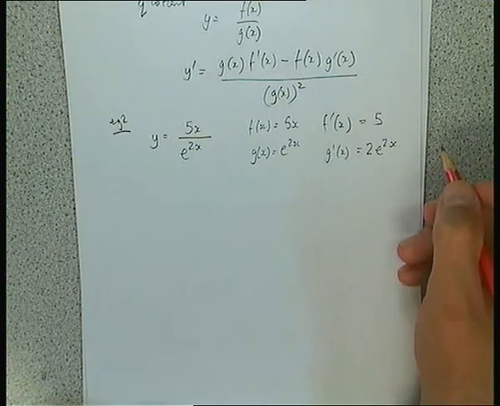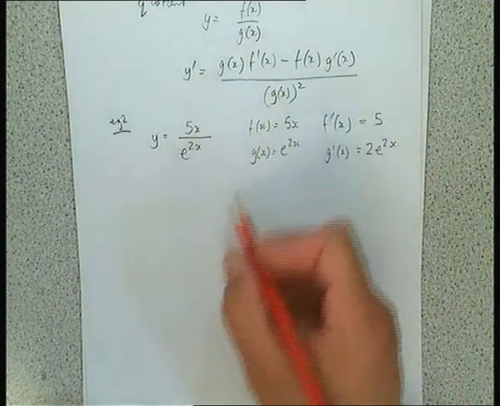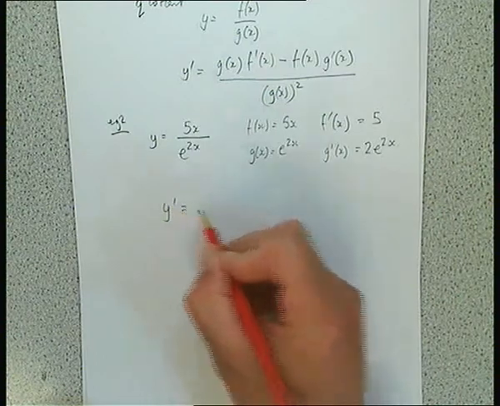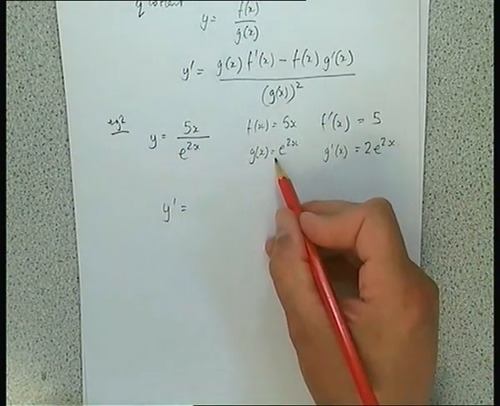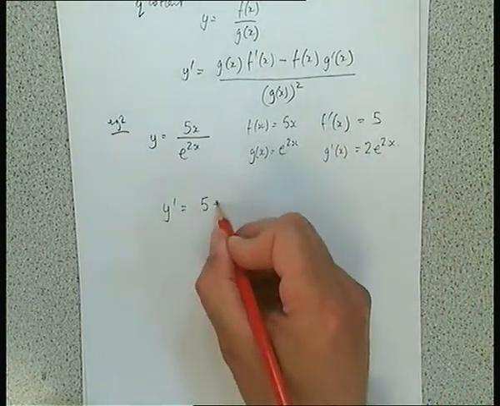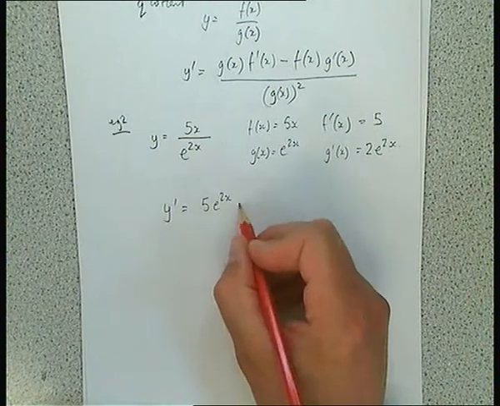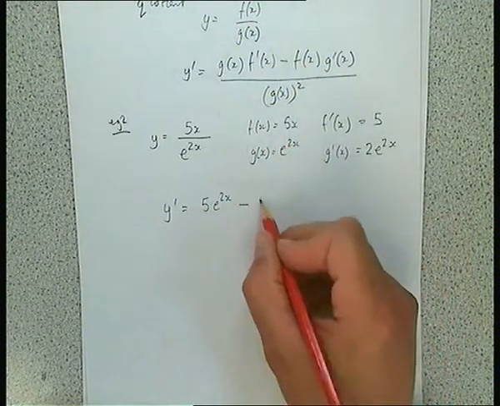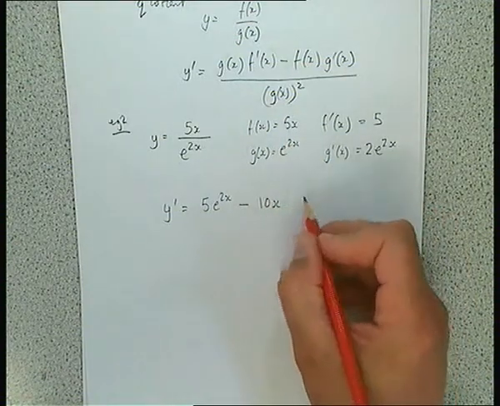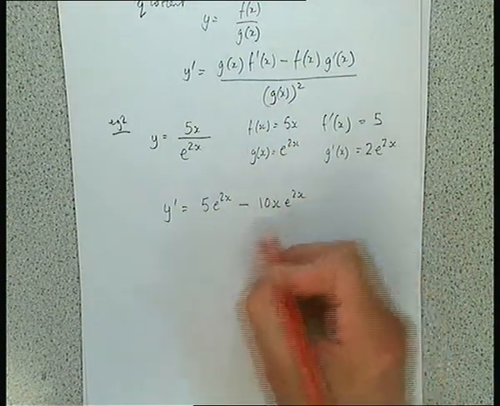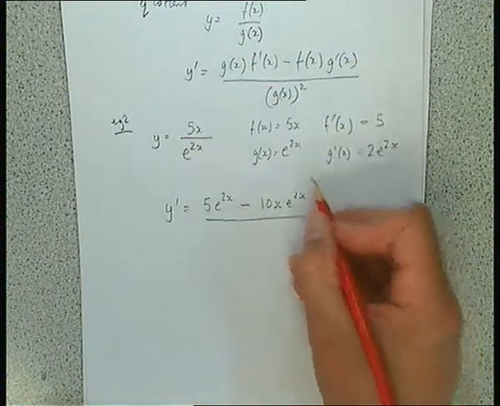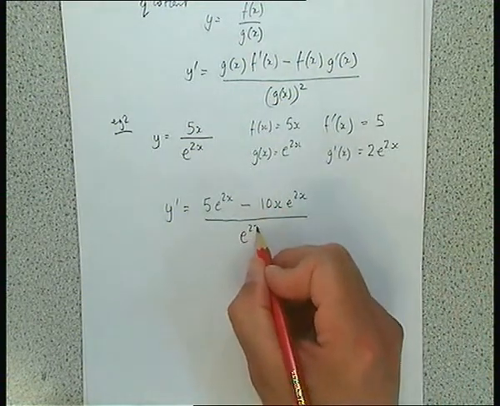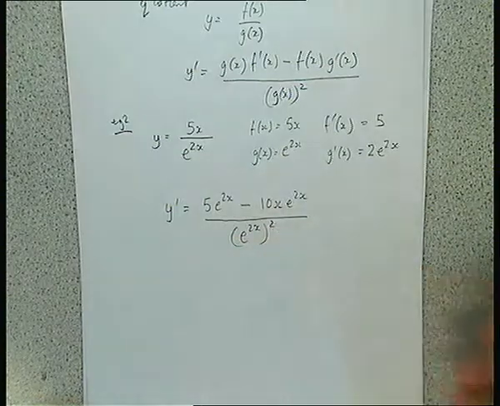Okay, and so I just plug this into the formula. So y dash is g of x times f dash of x, which is 5e to the 2x, take away these two multiplied together, so that's 2 times 5, which is 10x e to the 2x, all divided by (e to the 2x) squared.